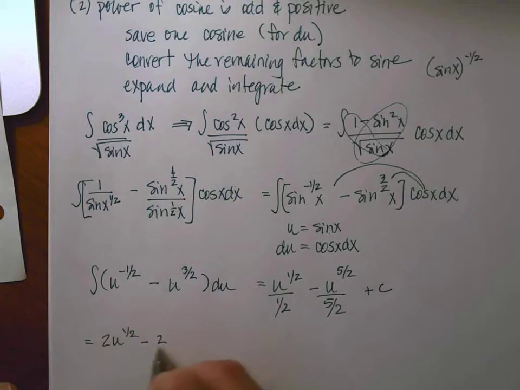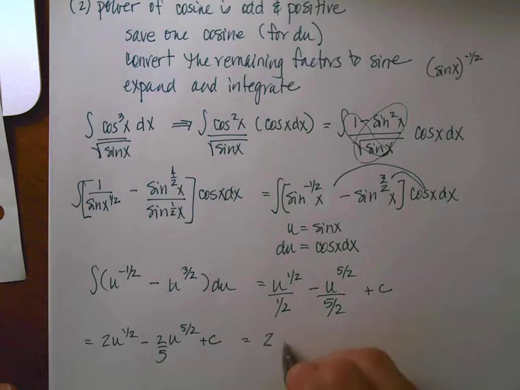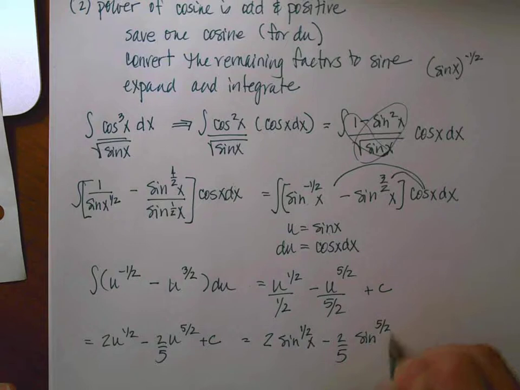And then I'm going to simplify. So this is 2u to the 1/2 minus 2/5 u to the 5/2 plus c. I'm going to substitute all my goodies back in. So this is 2 times the sine to the 1/2 of x minus 2/5 the sine to the 5/2 of x.